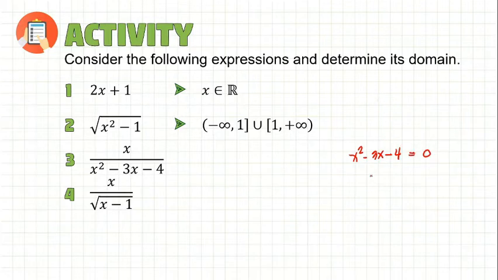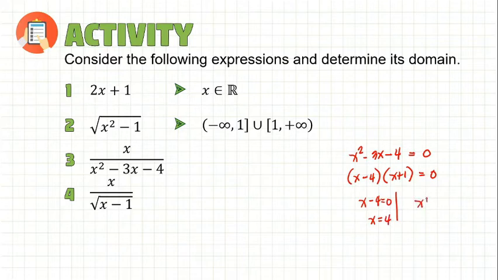And from that, take note x squared minus 3x minus 4 is just equal to the product of the factors x minus 4 and x plus 1, right? And that will be equal to 0. So from that, we have x minus 4 equal to 0, thus x is equal to 4, and x plus 1 equal to 0, so we have x equal to negative 1.